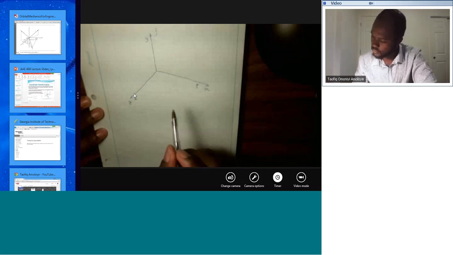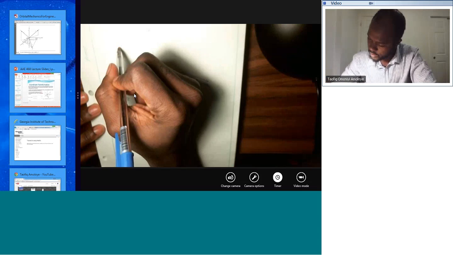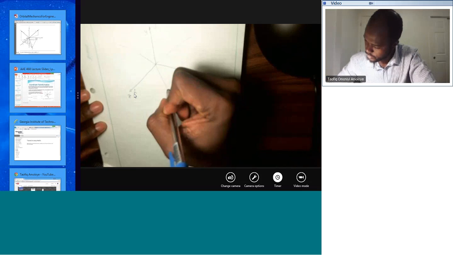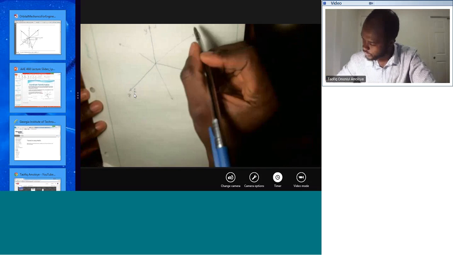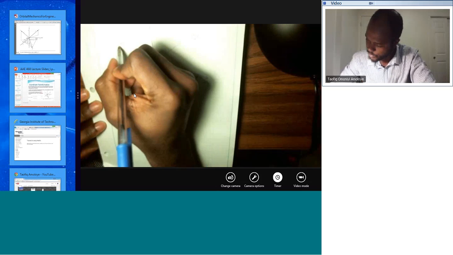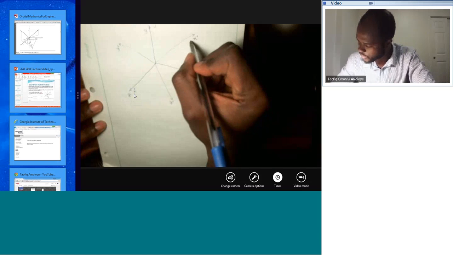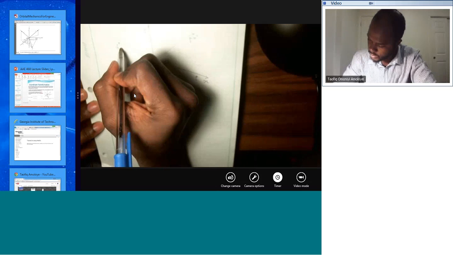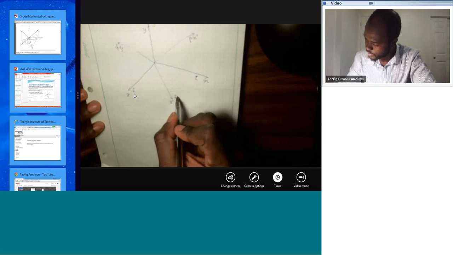So this is for the unprimed system. And then we have some other one. So we have x prime, y prime, and then z prime. And the unit vectors here are I cap prime, j cap prime, and then k cap prime.